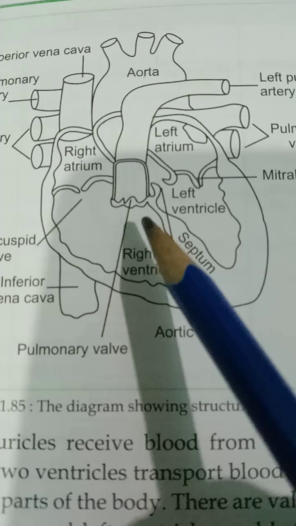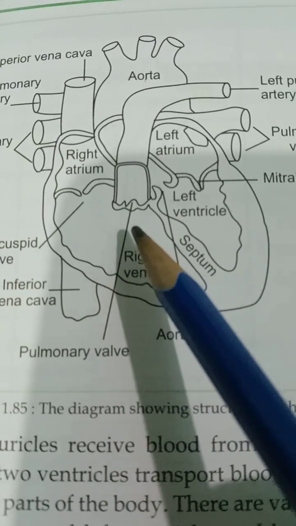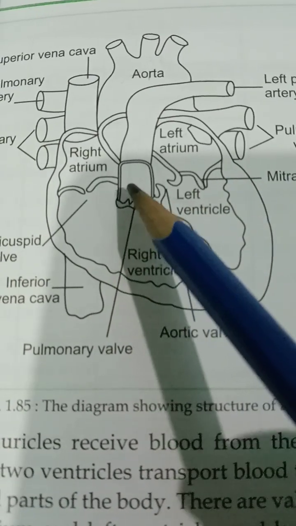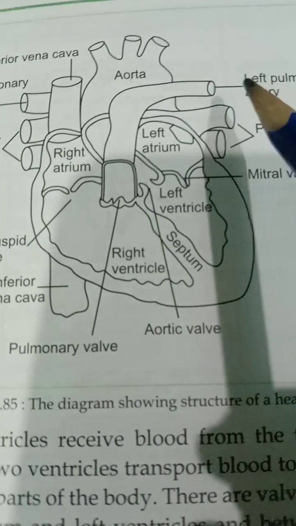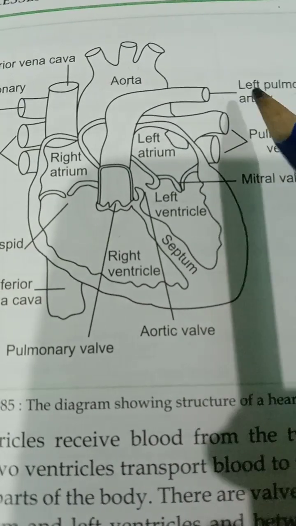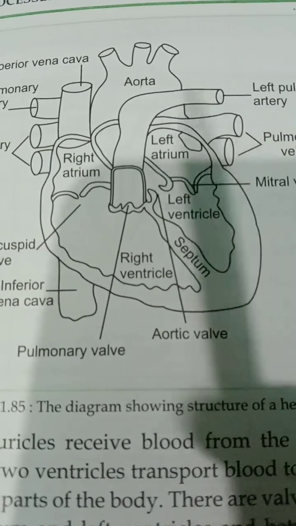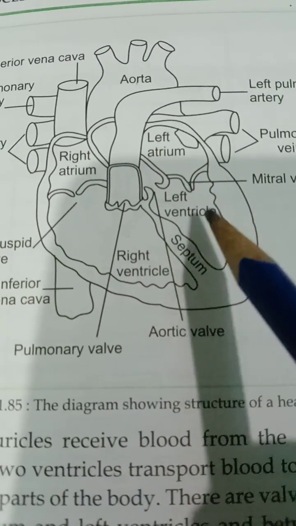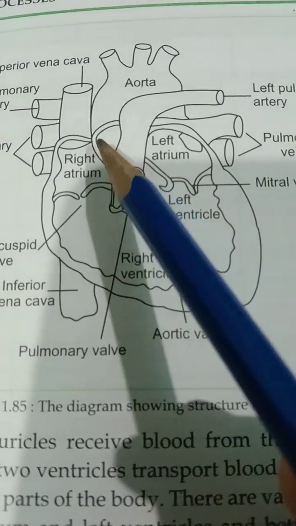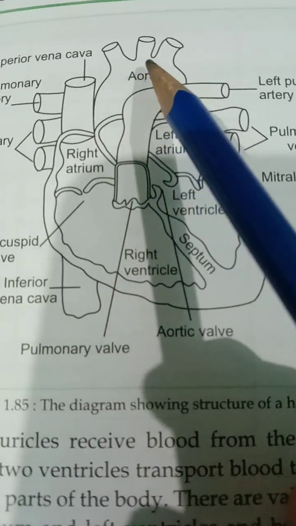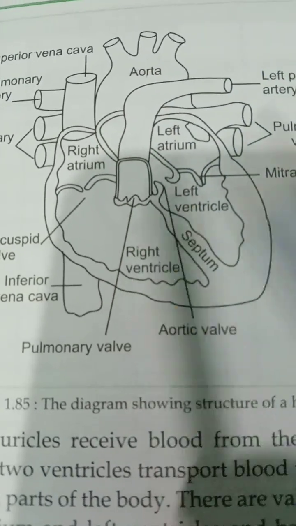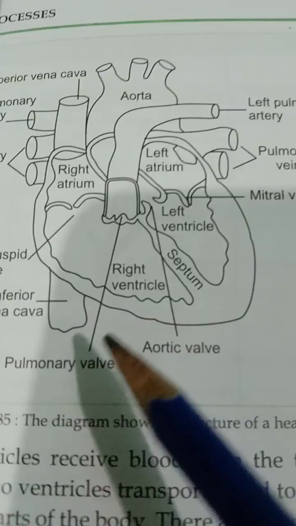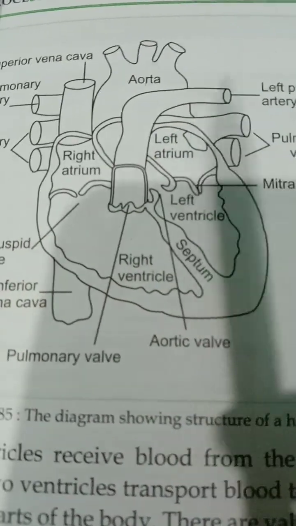Okay, from the right ventricle you can see a pipeline going, and it is the pulmonary artery. So again, from the left ventricle the largest pipeline is going towards the body, that is the aorta. From the right ventricle a pipeline is going, that is called the pulmonary artery.